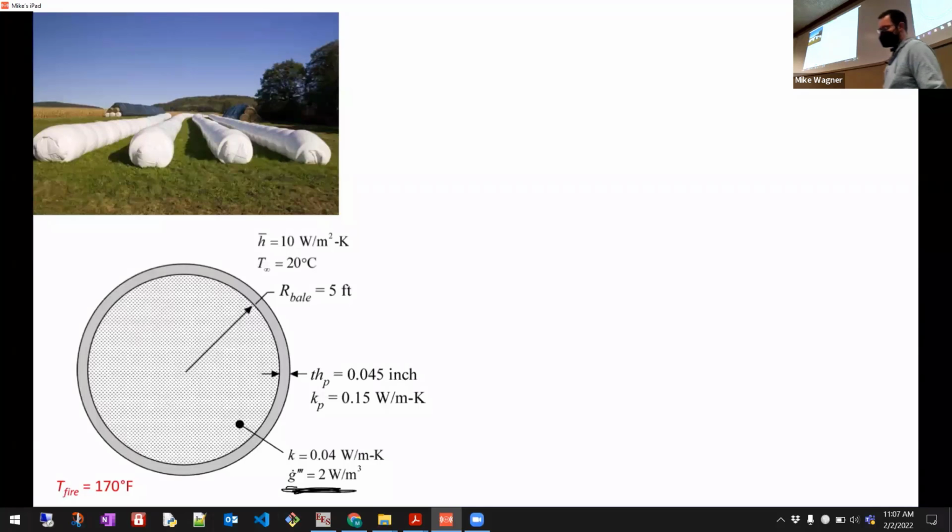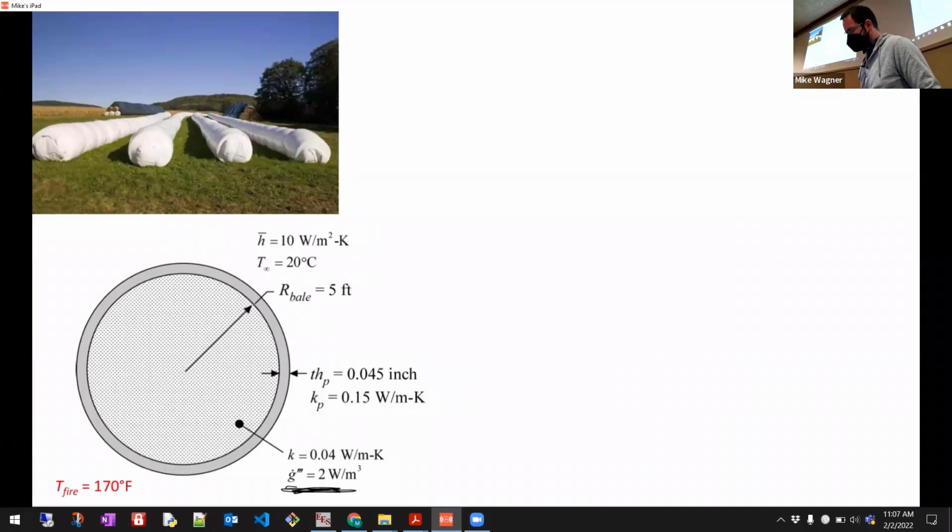Okay, so here's some information we're given. Out here we have convection to the surroundings. The surroundings, let's say it's a relatively warm day, 20 degrees Celsius. The bale's radius is 5 feet, so it's a pretty big bale. And then it's wrapped in this plastic. The plastic is a very thin layer.